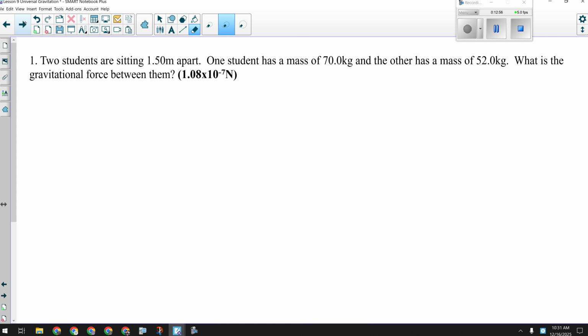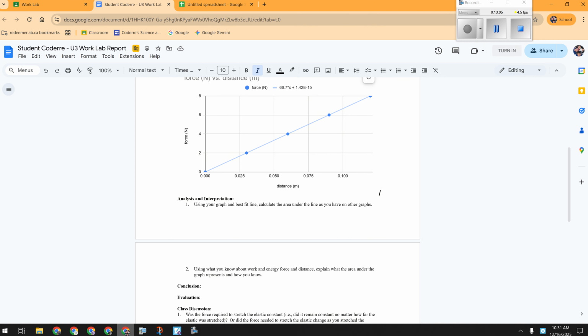Okay, now, did you guys work on these with Mr. Deirdre? The ones from the worksheet? Okay. There are a couple from the worksheet that I'm going to want you to do here, so let me bring it up.